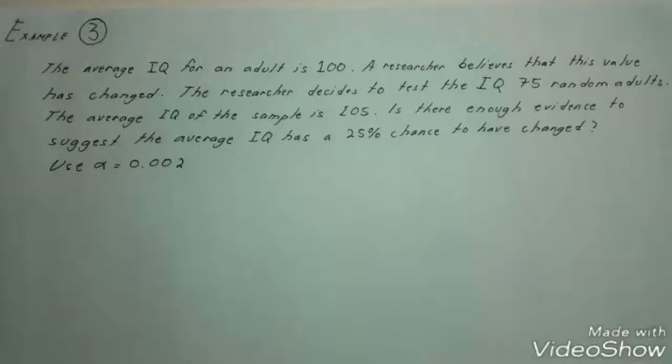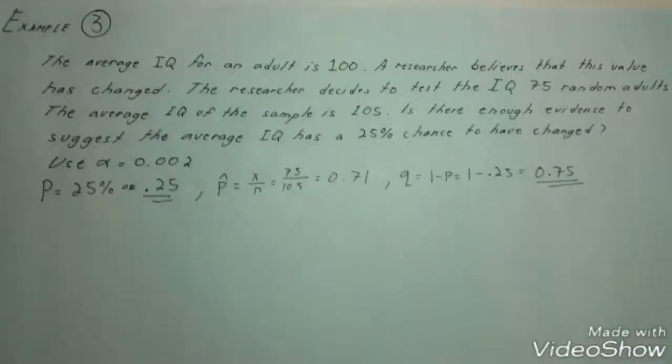Now, is there enough evidence to suggest that the average IQ has a 25% chance to have changed? 25% will serve as our P, and 0.71 will serve as our p hat, and 0.75 will serve as our q.